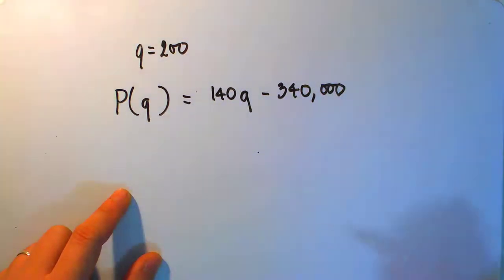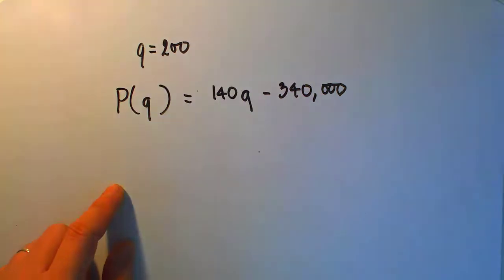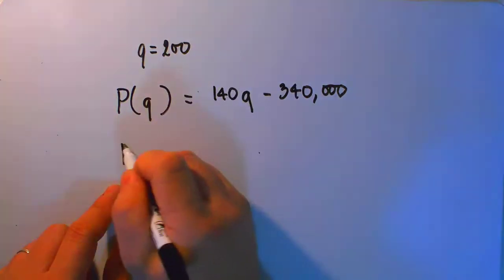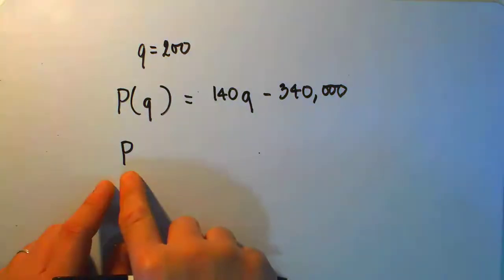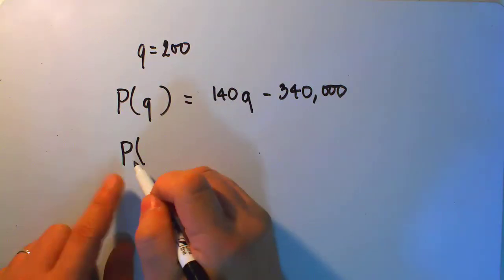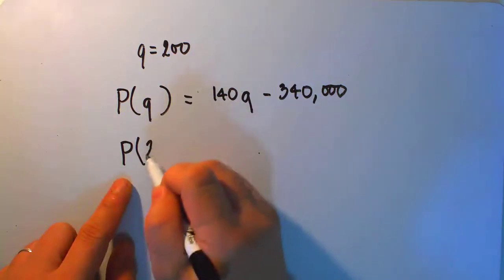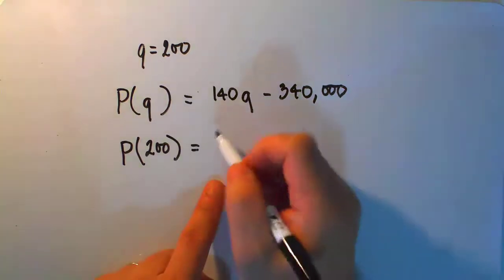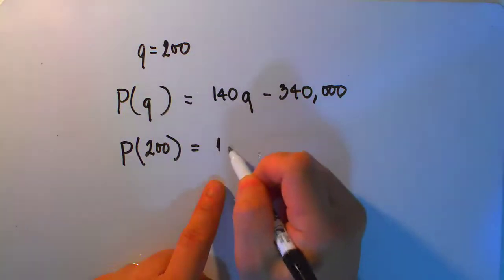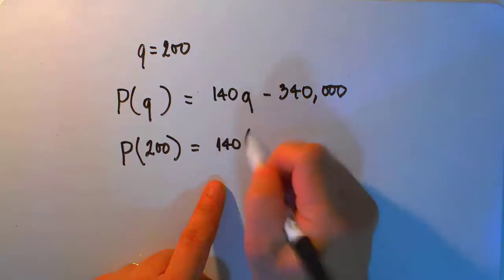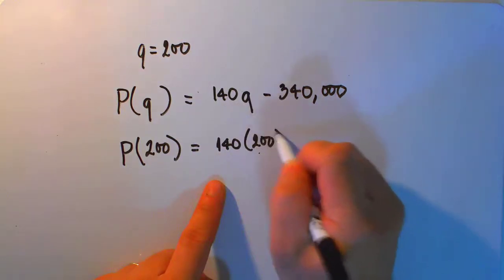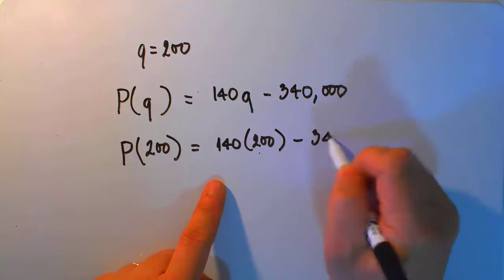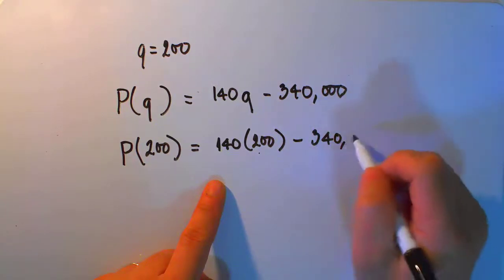And so this question of ours in particular is nothing but to find the value of the function P at 200. And that is just a matter of substituting 200 into your function. So 140 times 200 and subtracting 340,000.